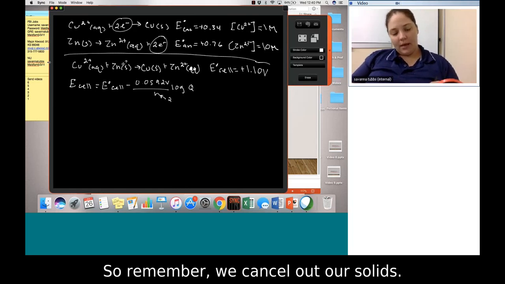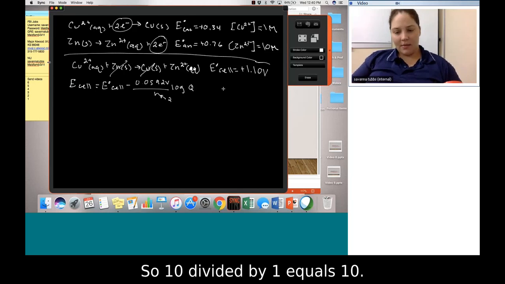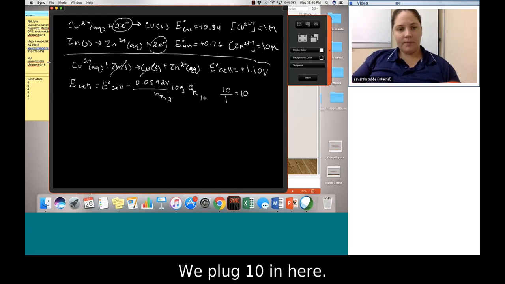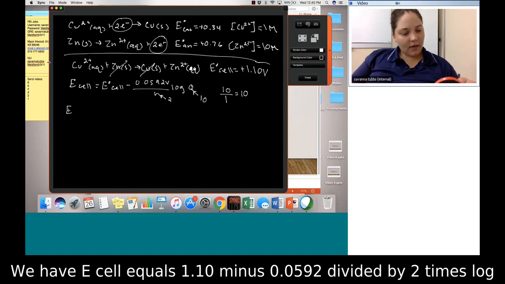So remember, we cancel out our solids and we do products over reactants. So 10 divided by 1 equals 10. So our Q is equal to 10. We plug 10 in here. We have E cell equals 1.10 minus 0.0592 divided by 2 times log of 10.